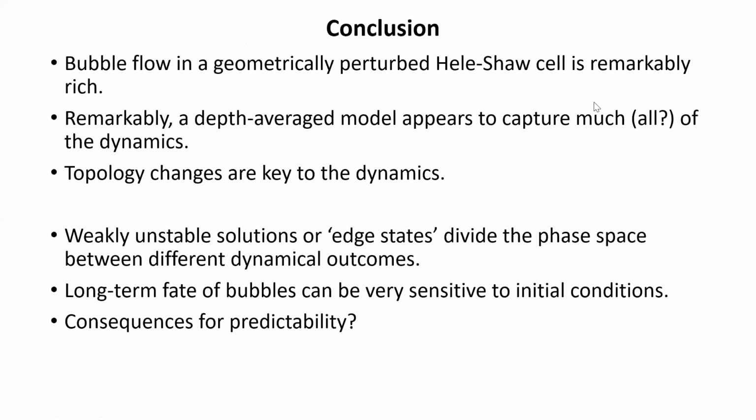Very nice talk. I'm really keen to know: you rightly mentioned the topology changes being key to the dynamics, and in your experiment, I think you had a strip which was actually causing the topology change, if I'm correct? Yes. And so what is the dependence upon the topology change? If you had a bigger, fatter, thicker strip, how would that change things?